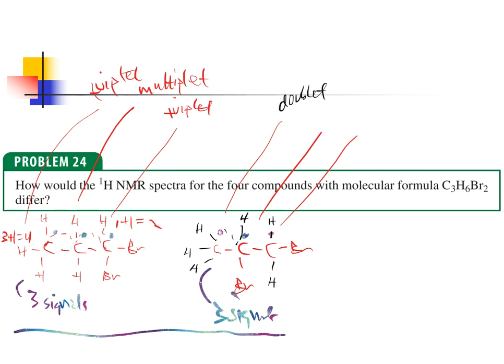On the right-hand side, I go to the middle, and that middle carbon only has 1 proton yet again. So 1 plus 1 is 2, and this is going to be a doublet. And then finally, I'll look at the one in the center. And just like before, we said the one to the left and the one to the right are different signals. They're not equivalent to each other.